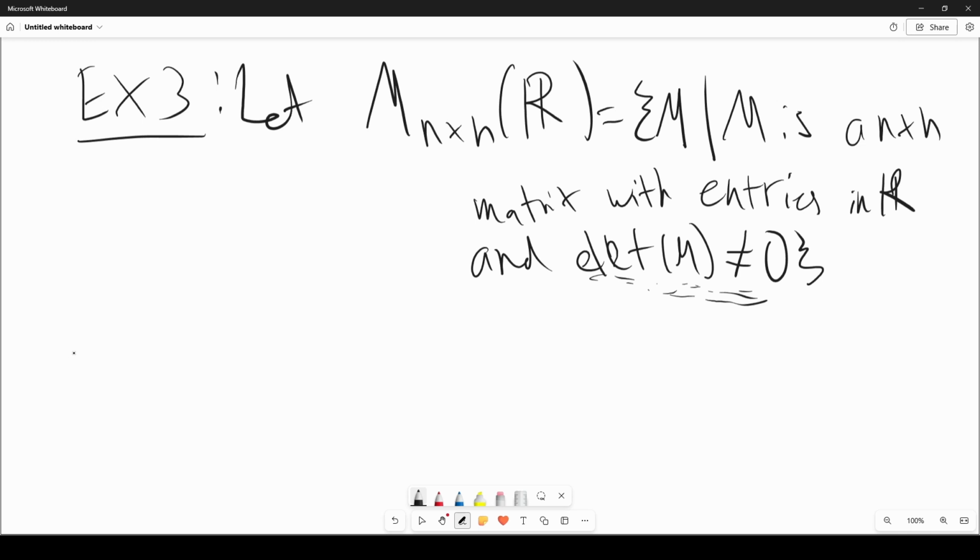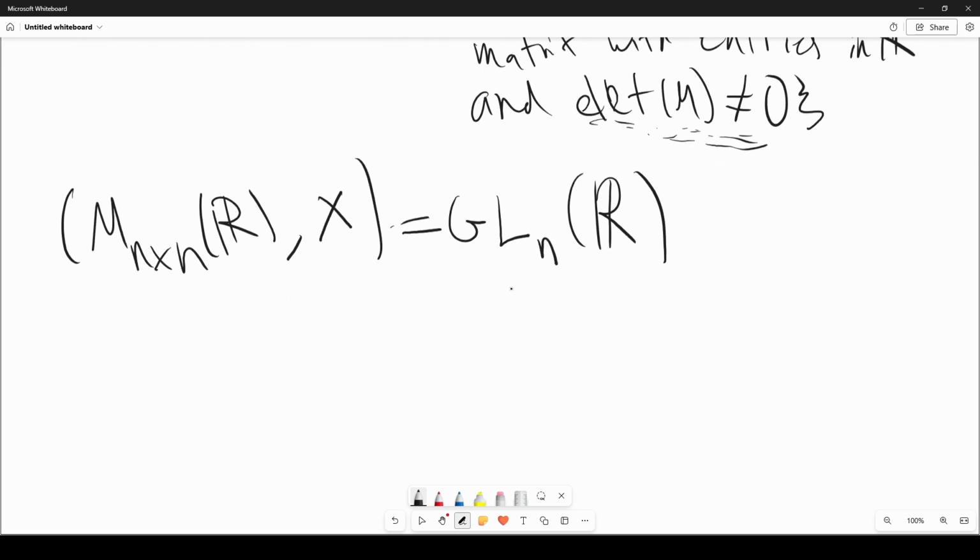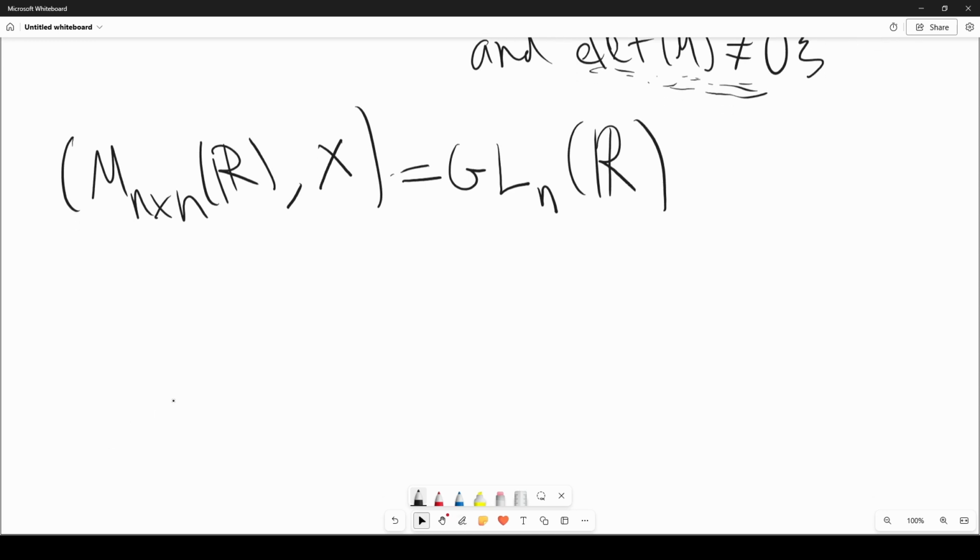So let's define our group. The set is going to be this M_n(R), and our multiplication law is going to be matrix multiplication, which I'll denote by this x. And I'm going to call this group the general linear group for n by n matrices with entries in the real numbers, so GL_n(R). This GL stands for general linear group. So just first couple of things, the matrix multiplication is associative.